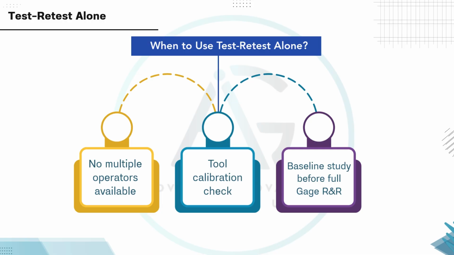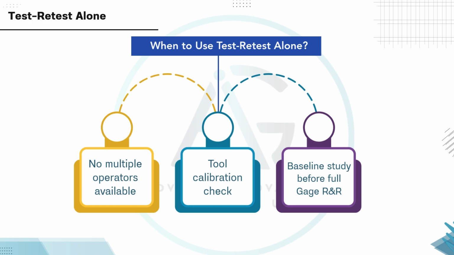2. Tool calibration check. If we suspect that a measurement tool might be giving inconsistent results, we can use test-retest with the same operator measuring the same part repeatedly. If the variation is high, it might point to calibration issues. 3. Baseline study before full gauge R&R.